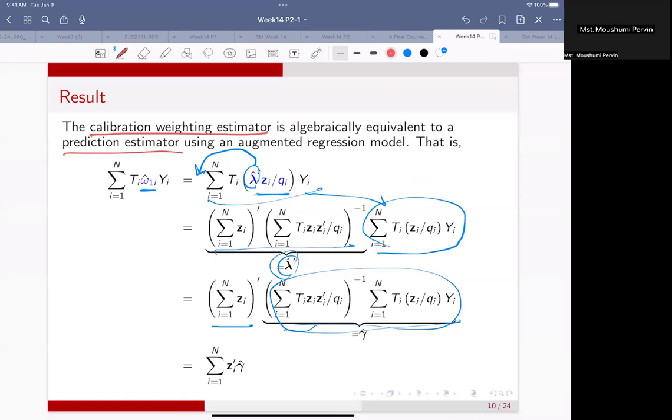This is purely algebra, but we have constructed calibration weights by solving an optimization problem, and that could be interpreted as a prediction estimate.